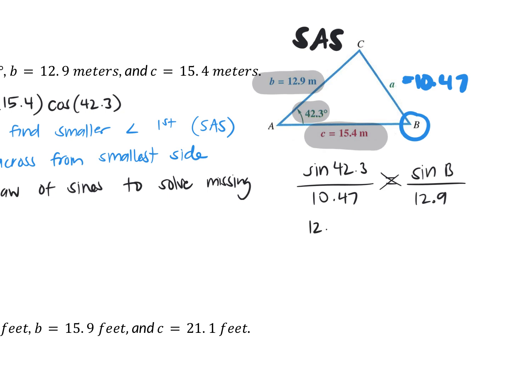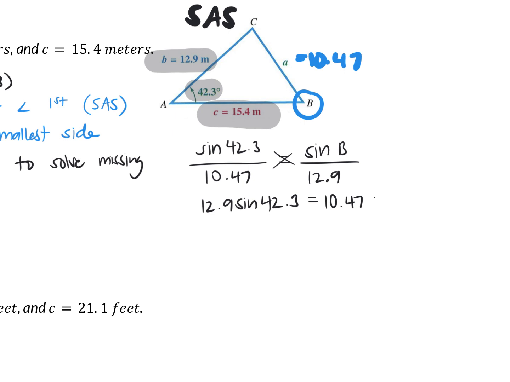That would give me 12.9 sine of 42.3 is equal to 10.47 sine of B. How do I get sine of B by itself? Divide by 10.47.